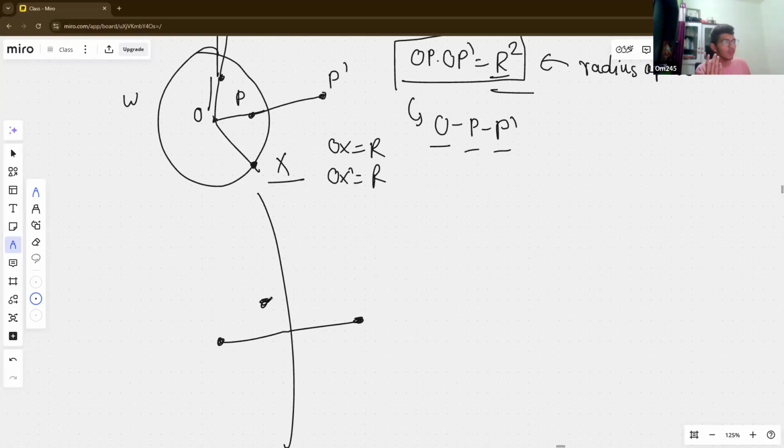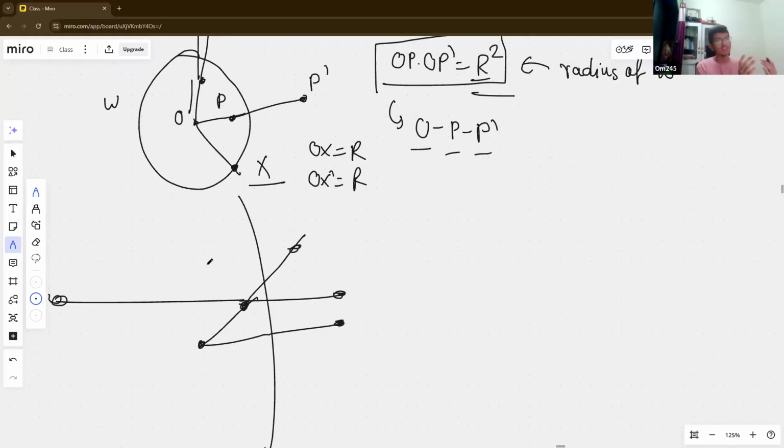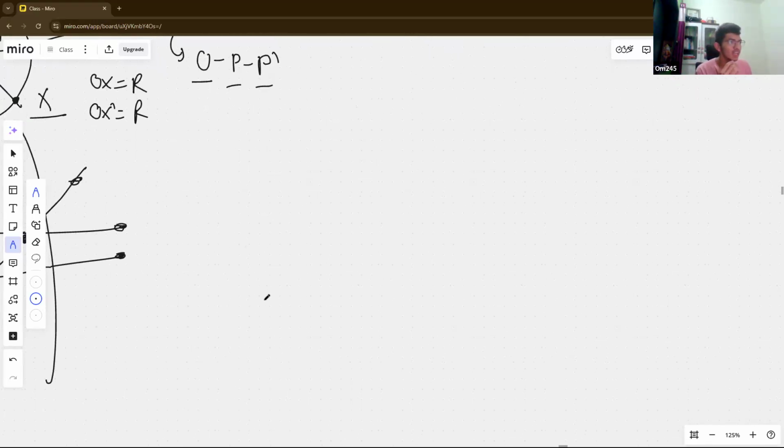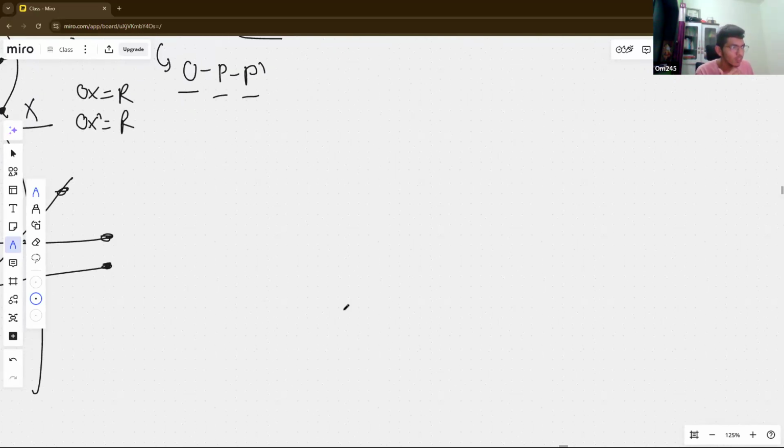Any point will be reflected across that line. That's a key part of inversion. So reflection can also be considered as inversion with infinite radius, but we will not go into that right now. We will start doing some basic observations.